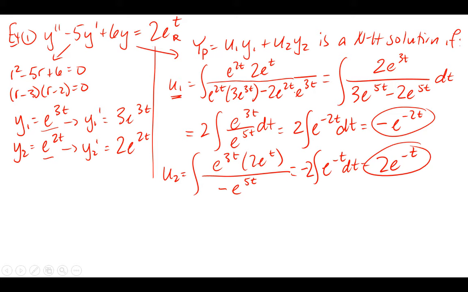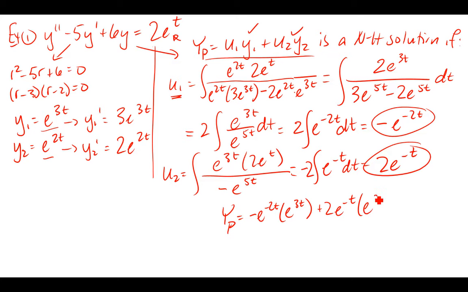Okay, so I don't know how long that was, 5 minutes at most, of a little bit of calculus. And the good news is we now know yp. Remember, our goal is to make our guess work. Well, our guess will work if we use these u's. So now let's put it all together. So u1 is negative e to the negative 2t times y1, which is e to the 3t, and then u2 times y2.